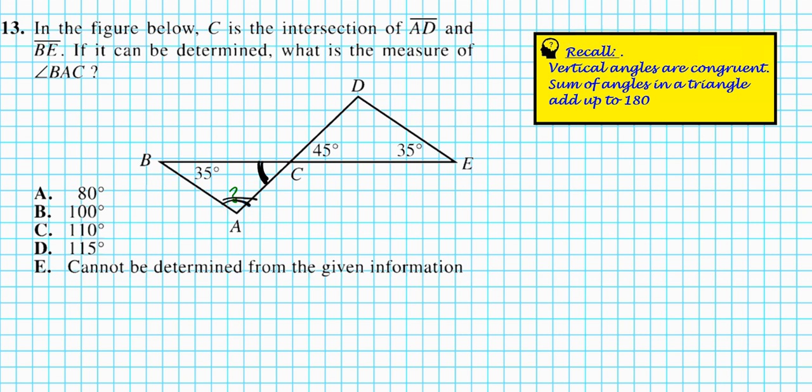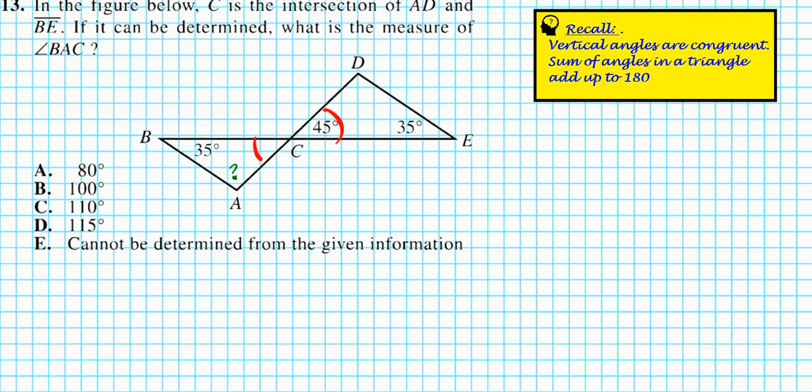All right? So let's see, can we determine the measure of angle BCA? Now, what do we know about angle DCE and angle BCA? They are vertical angles. And what do we know about vertical angles? They are congruent. Okay, so let's write down an equation real quick.